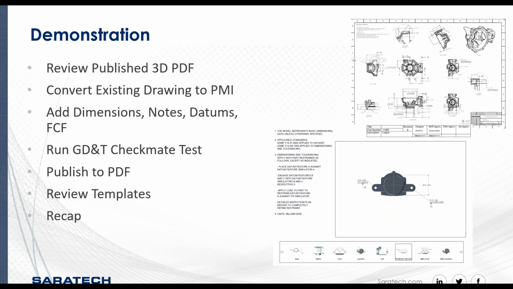So, the typical scenario here is there's an existing drawing, and you want to leverage that and create a PMI environment, and then publish that with dimensions, your notes, datums, or run a GD&T Checkmate test, and then we'll go ahead and publish that into a PDF and review that as well. And then, if time permits, we'll quickly just view the template side of things.